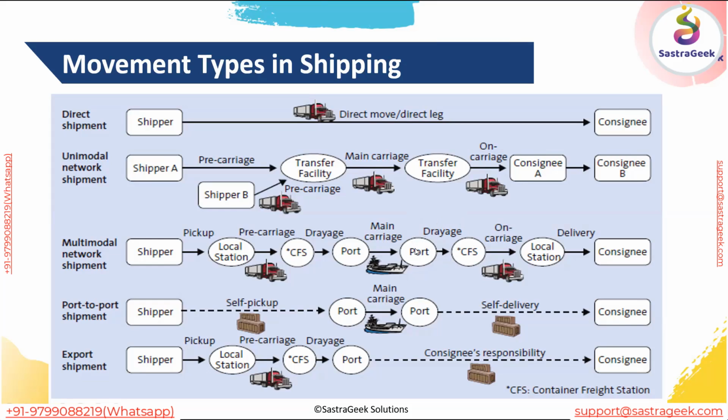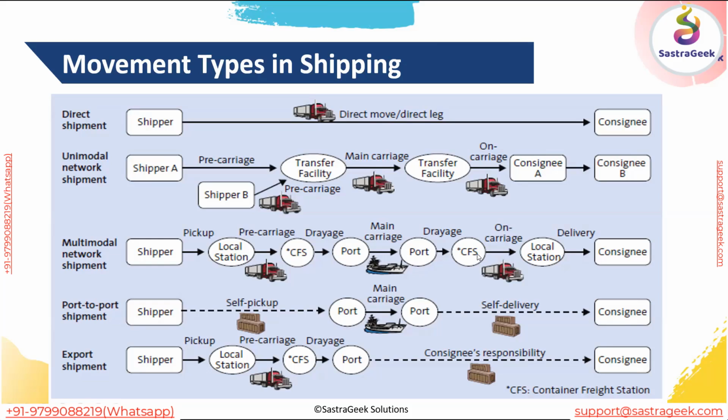That is, it is unloaded from the main carrier or from the main leg to the CFS, and from the CFS it goes to a local station, and from the local station to a consignee.